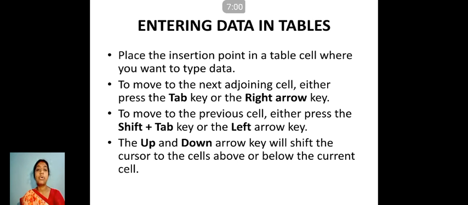If you want to move to the previous cell, either press Shift plus Tab or press the left arrow key. Clear? Then next, if you want to move up or down, you have to press the up and down arrow keys. Clear? Now let's see how to do it practically.